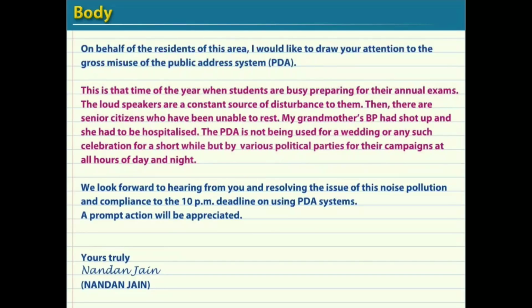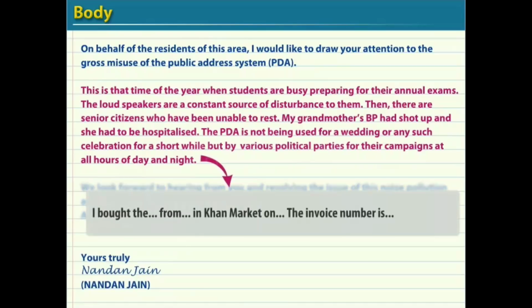In the second paragraph, mention the specific facts. For example, where and when the goods were bought, any customer reference number or invoice number, or a record of any previous communication with the company concerned. Then come straight to the point and mention the problem. Provide all the relevant information in a clear and logical sequence using expressions like: I bought the from in Khan Market on, the invoice number is.